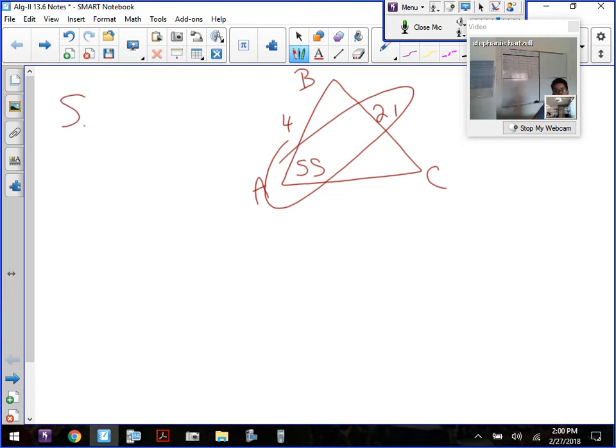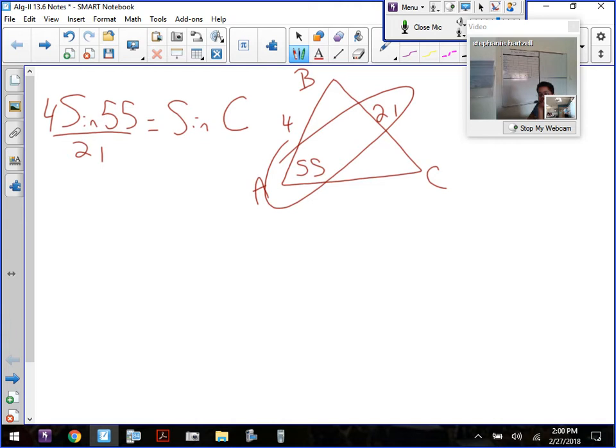So we have the sine of 55 is to 21 as the sine of angle C is to 4. In order to solve this, multiply the other side by 4.